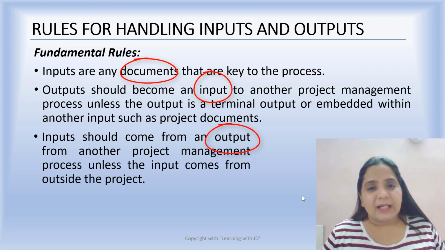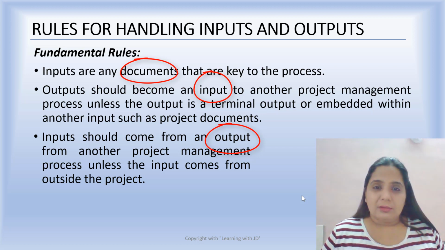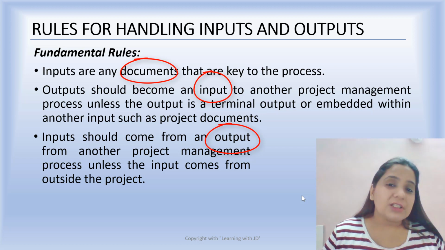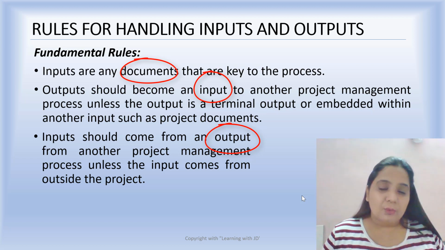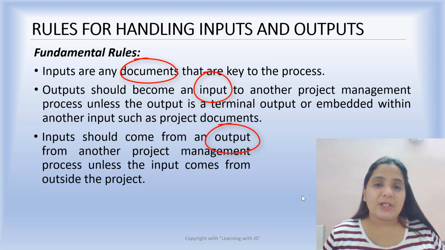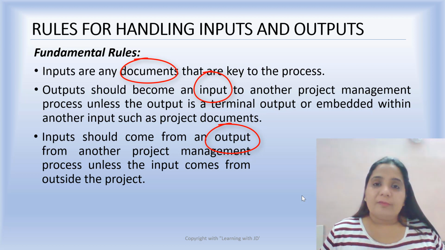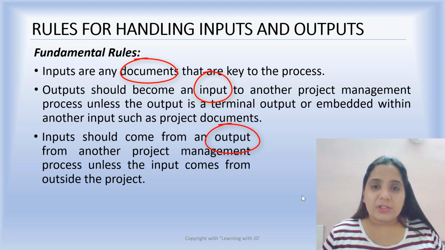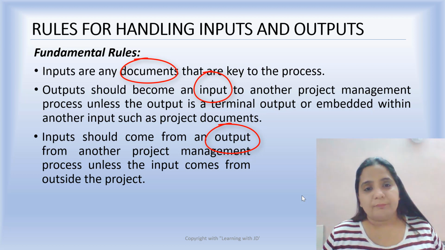The first document that is created is a project charter. What is the information that you will have for the creation of a project charter? Who is the stakeholder? What impact will the project have on the stakeholders, on the organization as a whole? Now these are all the documents. The first document which is created will have an input from outside of the project.